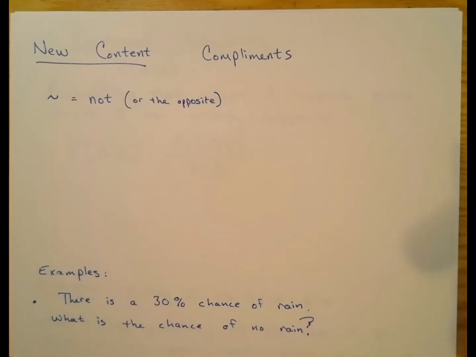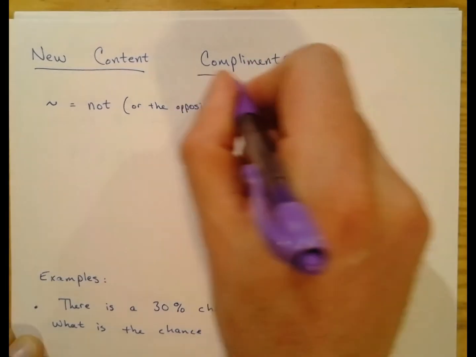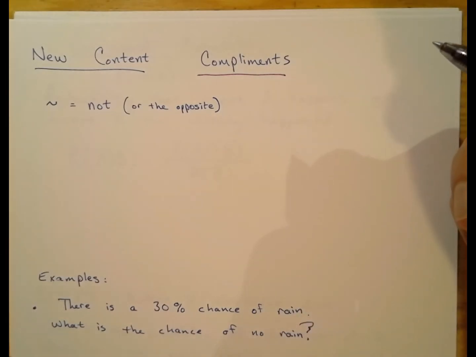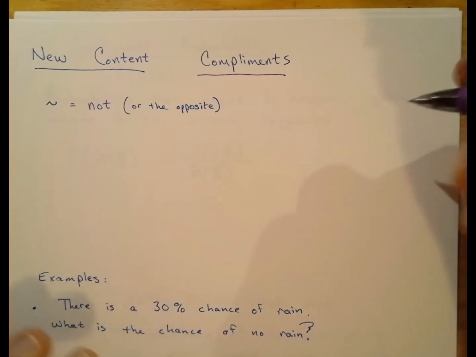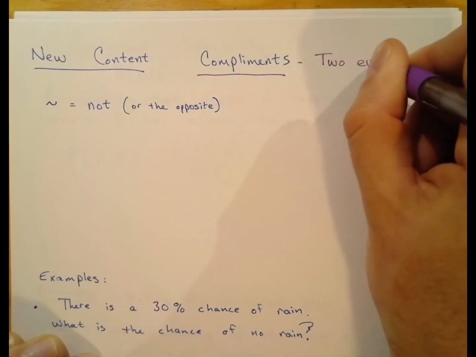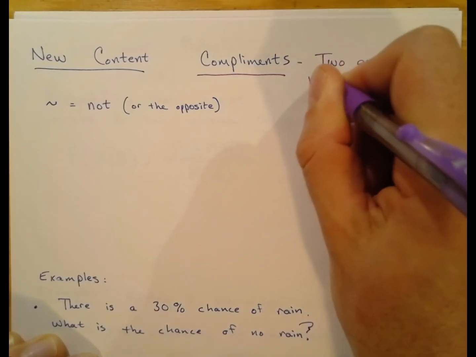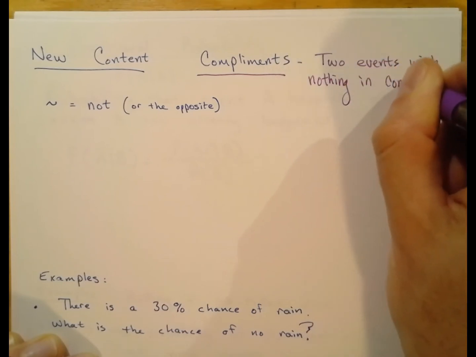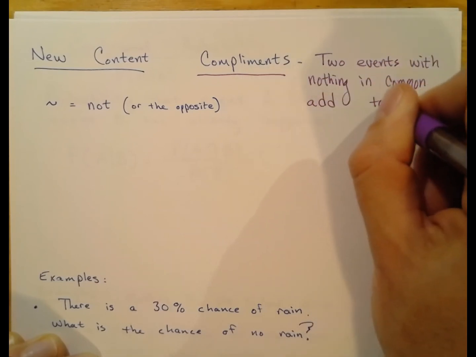Okay, so first is complements. Complements are when two different events that have nothing in common add together to be 100%. So two events with nothing in common add to 100%.